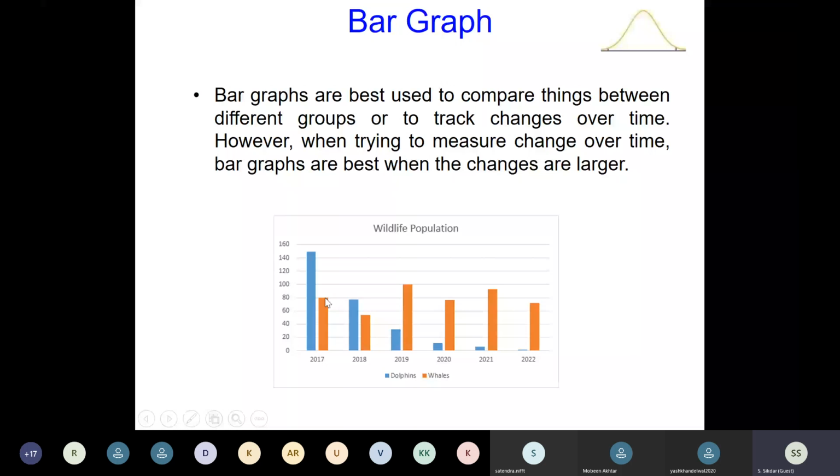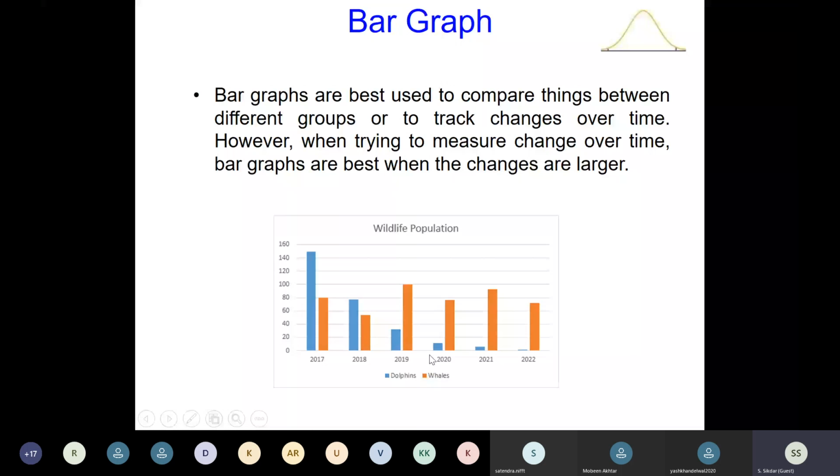So it is just like a zigzag, going up and down, but it has remained almost steady. It is not so alarming like dolphins. So whoever is in charge of that particular wildlife area needs to be very careful to take care of dolphins.